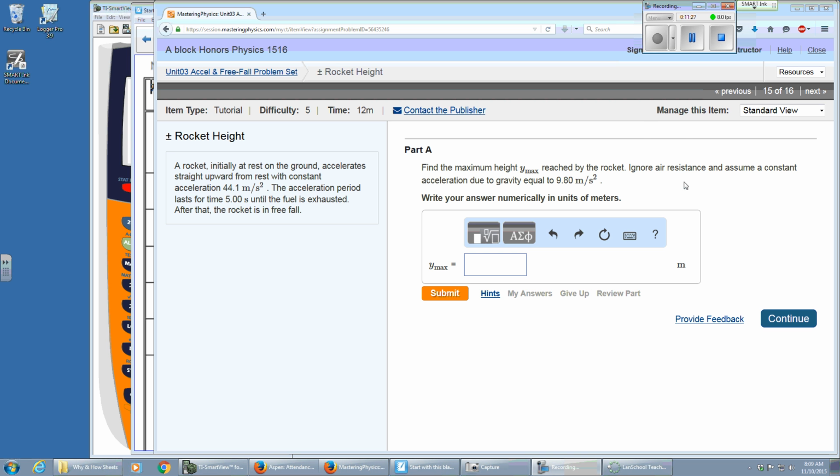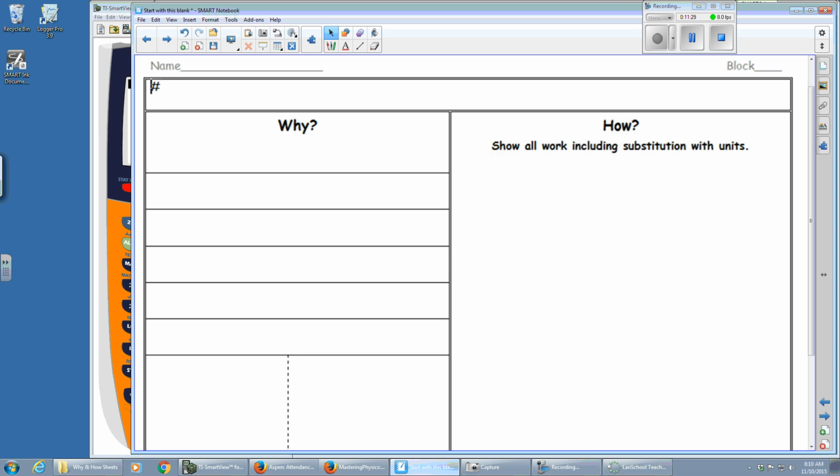So I'm going to express these things in my Y: it accelerates upwards at beginning, so increases speed upward.